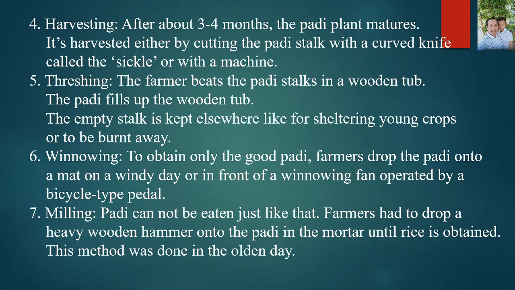They need to beat the paddy stalks in a wooden tub or on the bamboo bed. The paddy fills up the wooden tub. The empty stalk is kept elsewhere, for shell steam, young crops, or to be burned away, or just kept for animals like horses or cows to eat.